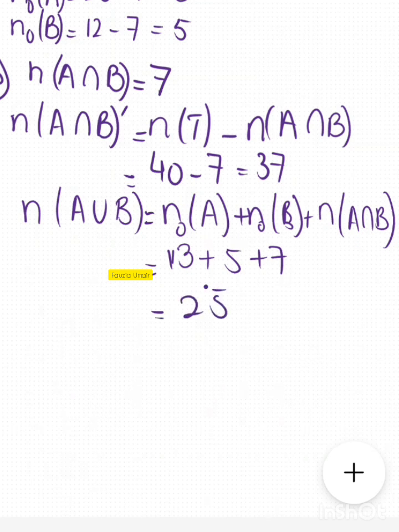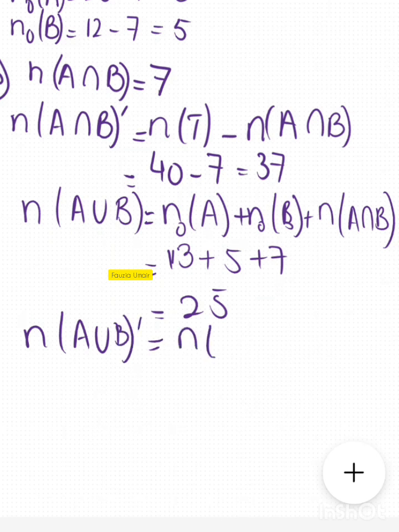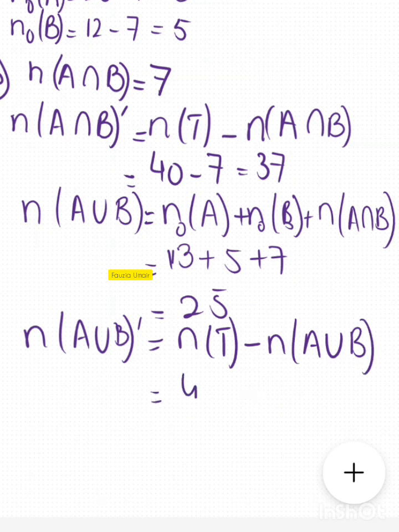So this is very important that you should not be using this 40 as a total. So now number of elements which belong to A union B complement would be total number of elements minus number of elements which are in A union B. So basically it's 40 minus 25 and it is 15.